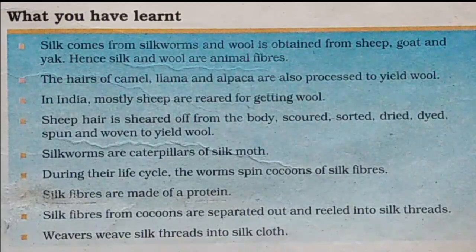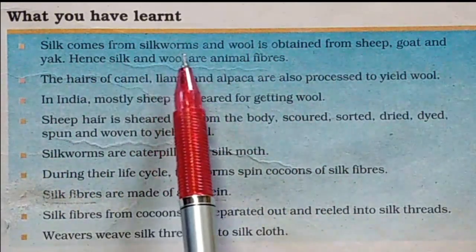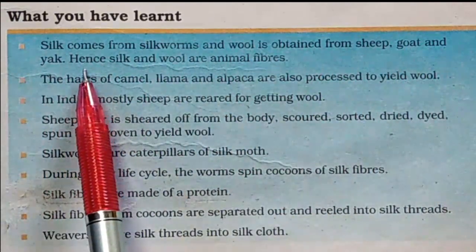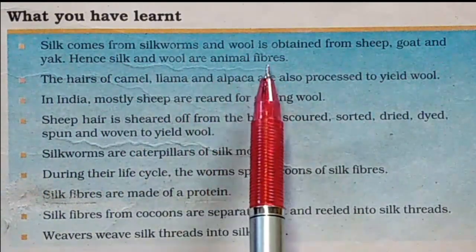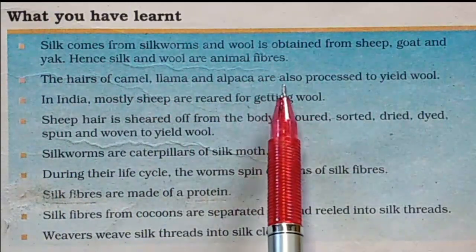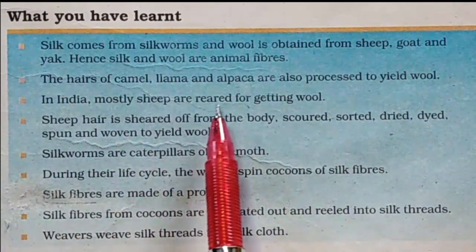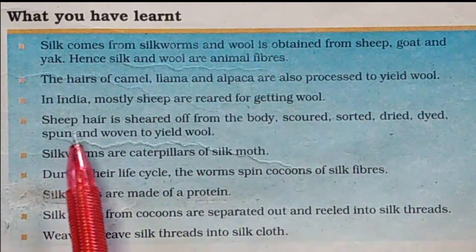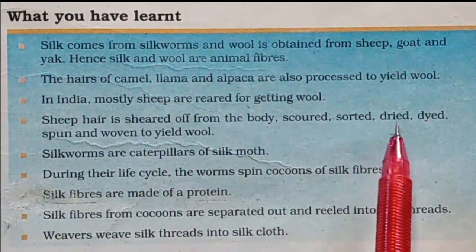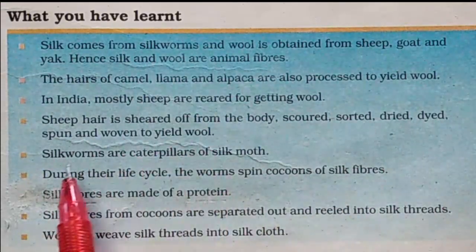Next, let's see what we have learned. Silk comes from silkworms and wool is obtained from sheep, goat and yak. Hence, silk and wool are animal fibers. The hairs of camel, llama and alpaca are also processed to yield wool. In India, mostly sheep are reared for getting wool. Sheep hair is sheared off from the body, scoured, sorted, dried, dyed, spun and woven to yield wool.